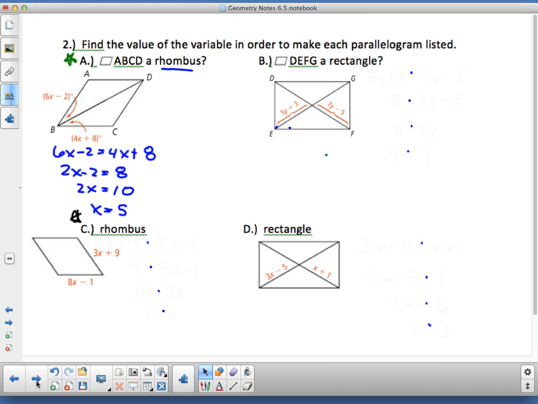Okay, it's going well. Rhombuses, what do we know about rhombuses? What's the way they're defined when we first came about them? Do you remember that all the sides are the same? So if I have two consecutive sides or opposite sides, doesn't matter because in a rhombus they're the same. So I set them equal. Okay, so go ahead and get your solve on here.